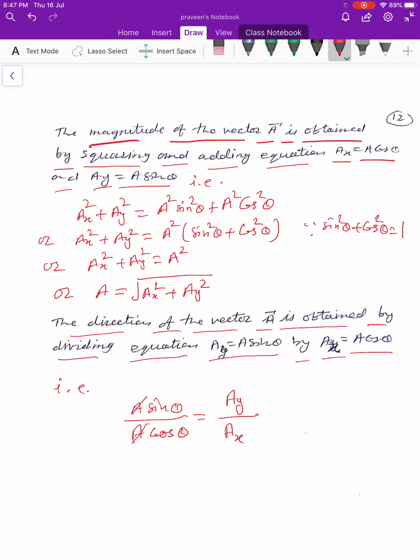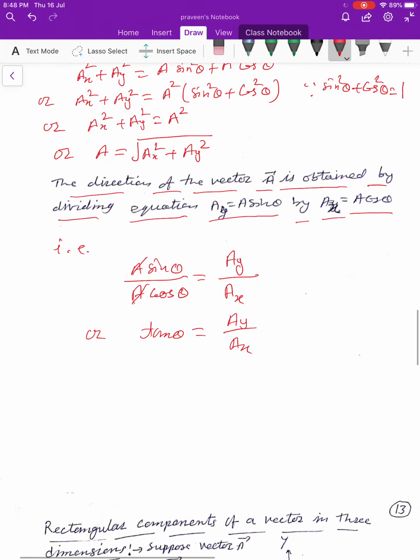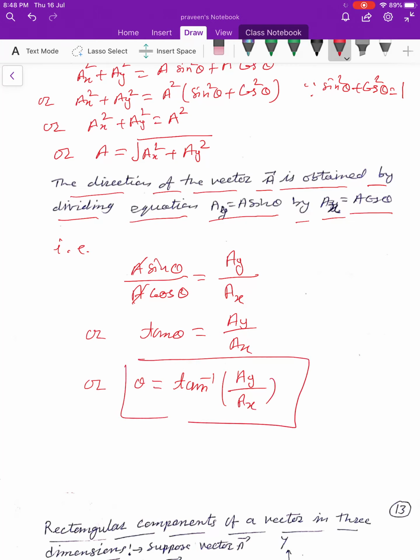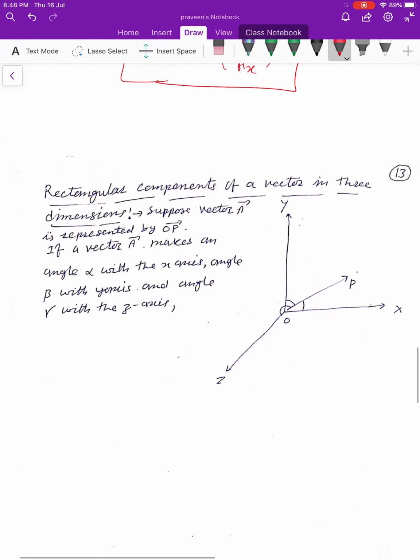A and A cancel, or sin theta upon cos theta, tan theta, is equal to Ay upon Ax, or we can write theta is equal to tan inverse Ay upon Ax. Clear?